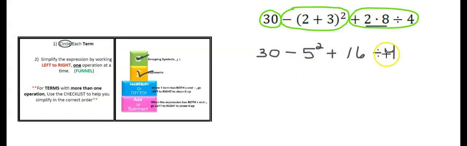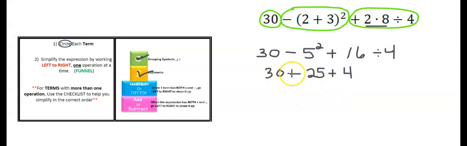Okay, so here I am. I've got this term, it's just 30. This term is now one operation, 5 squared, 5 times 5. Hopefully you said 25. Plus, I've got this term right here, 16 divided by 4. Hopefully you said 4. Okay.